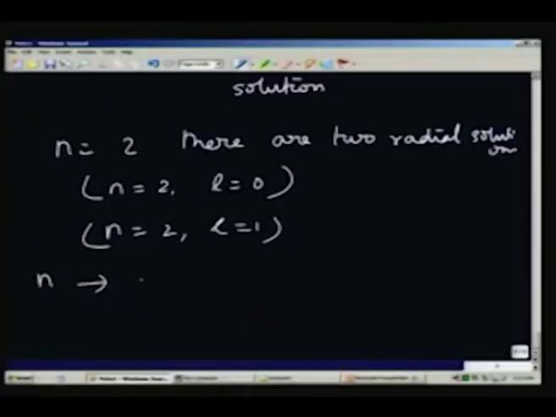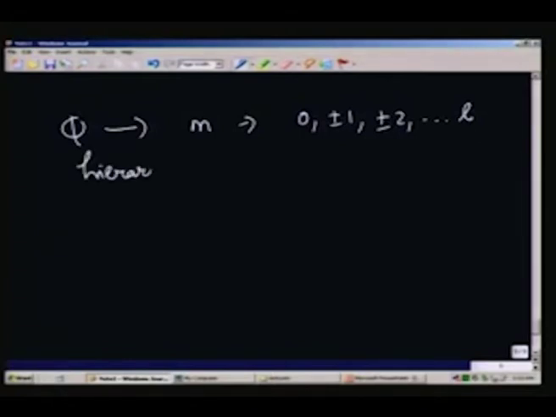The phi equation will introduce its own quantum number in the solution of the phi part, but that quantum number m will be limited by n and l, such that if n is 1, 2, 3, etc., and if l is 0, 1, 2, 3, etc., the phi part contains a quantum number m which goes from 0, plus or minus 1, plus or minus 2, up to l, for any value of n. So this is the hierarchy of the quantum numbers in the case of the hydrogen atom.